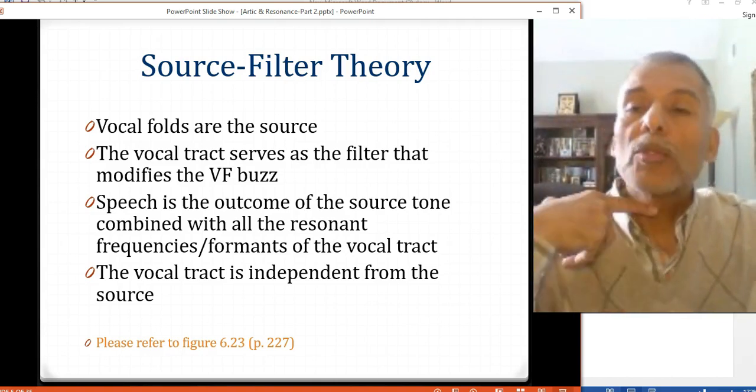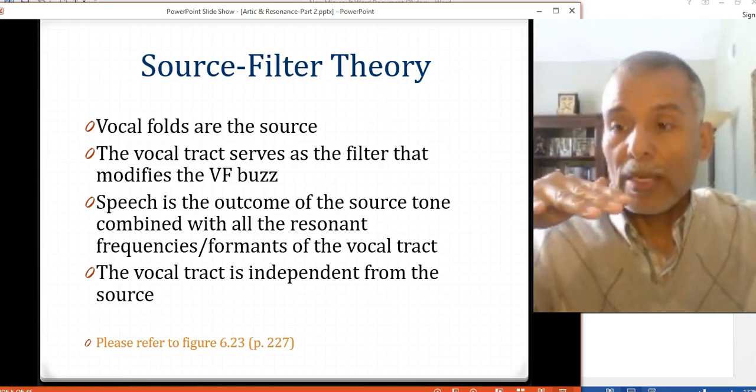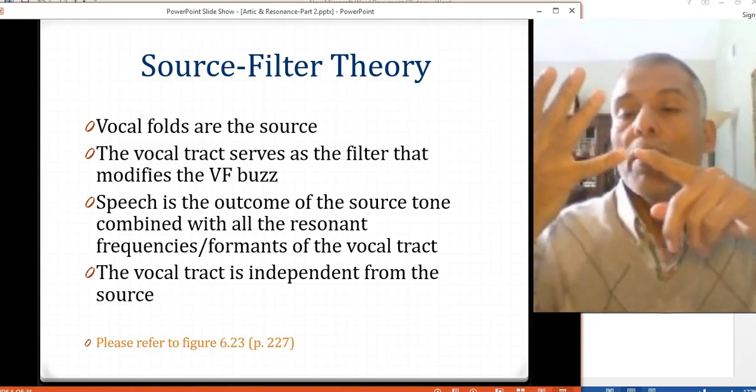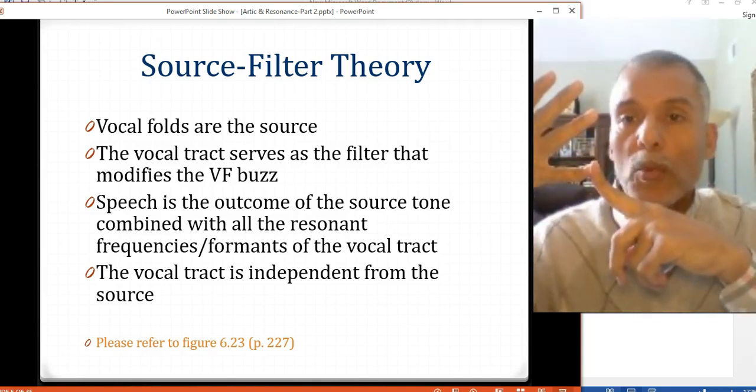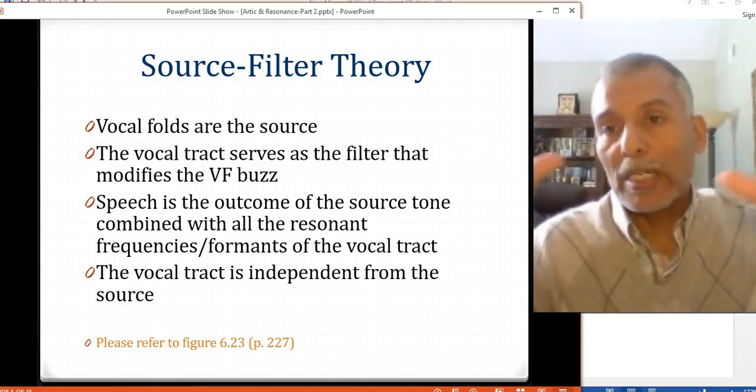And when you look at the vocal folds as they physically vibrate, the harmonic frequencies come at even intervals, smoothly with no deletions.